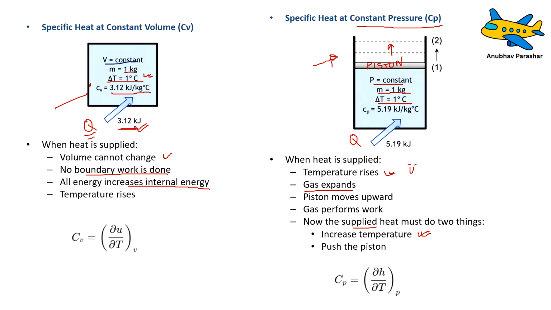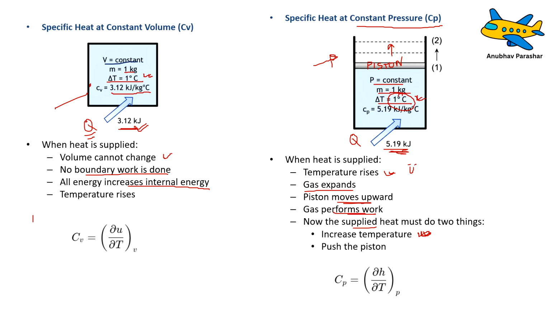So as a result, to increase the temperature by 1 degree centigrade, a larger amount of heat will be required. All the heat supplied is not going to increase the temperature. Some amount of heat is also going to do work, because the gas is performing work by moving the piston. And that is why more heat is required to raise the temperature by 1 degree centigrade.